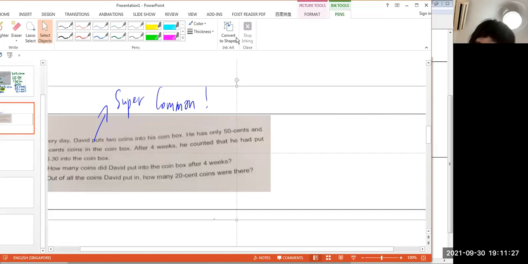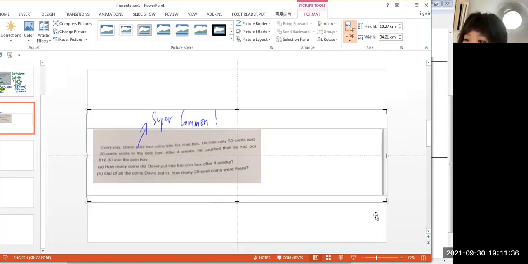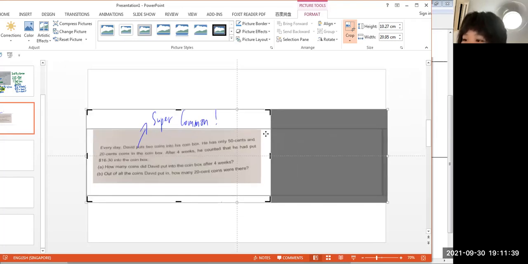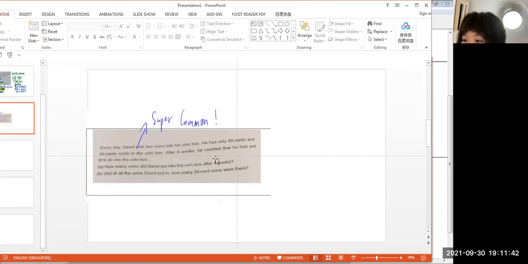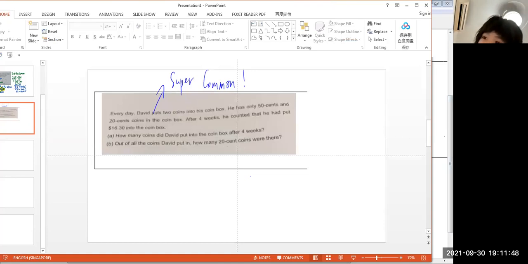Yeah. When they say he puts 2 coins in his box, does this mean that it can be both? Yep. It can be both 50 cents, or both 20 cents, or 20 cents and 50 cents. Basically, it will give you the number of coins in total after so many days. So then you can assume 20 cent is U. Then the 50 cent will be the total minus U. That you can fill up in the table, the number of coins column.